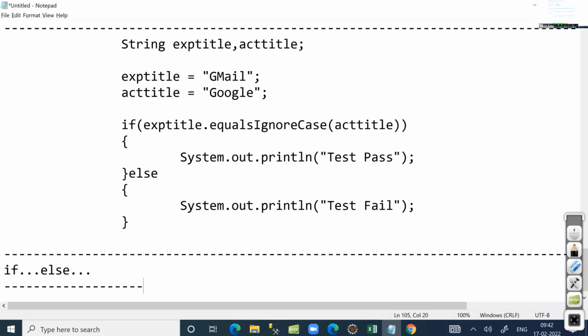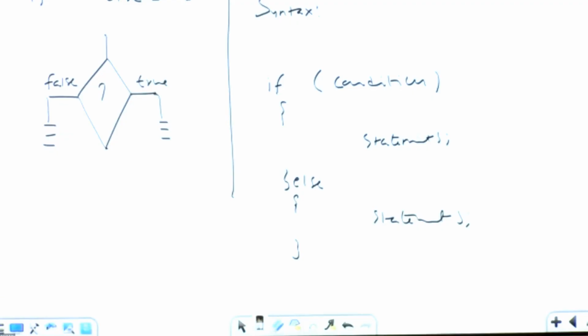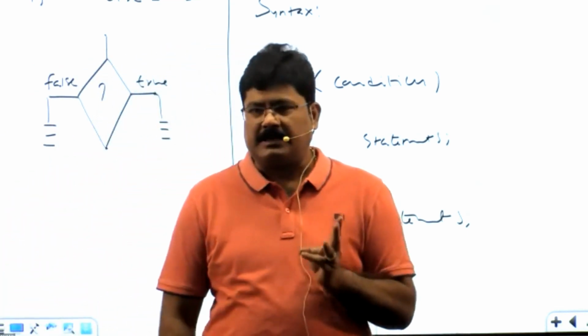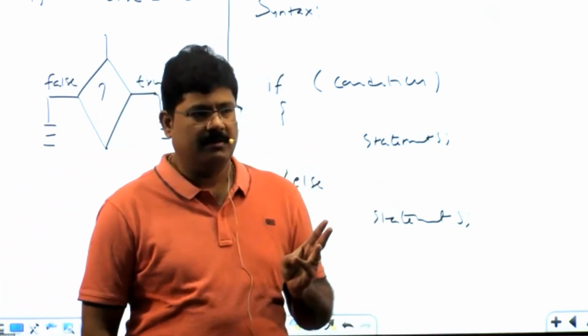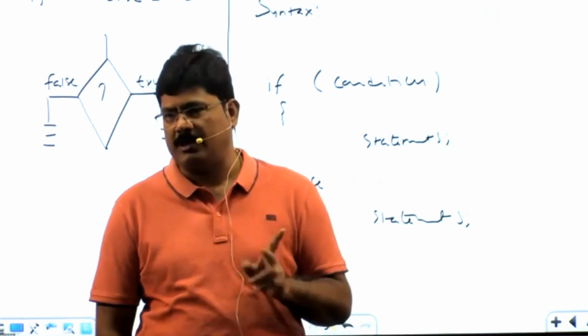Right. So I'll stop here today, and tomorrow I'll introduce you to nested if, also switch case, also while loop, do while loop, and for loop, the looping statements. After nested if, we'll learn about switch case, when to go for switch case, then while loop and for loop. There are two loops actually.